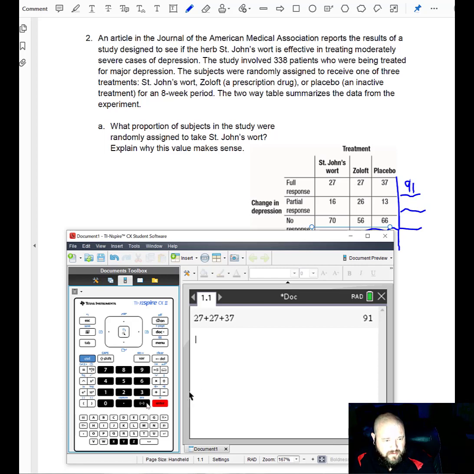Then we got 16 plus 26 plus 13. That gives us 55, so we can write 55 over here.